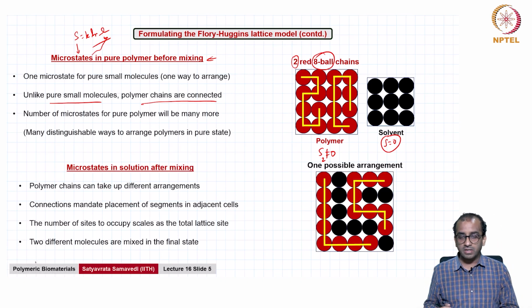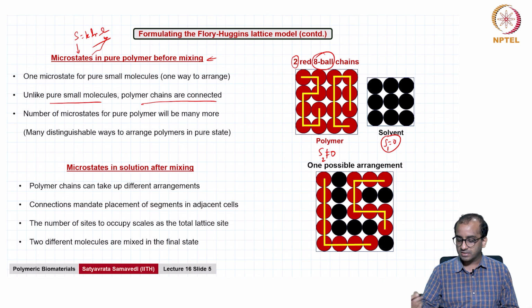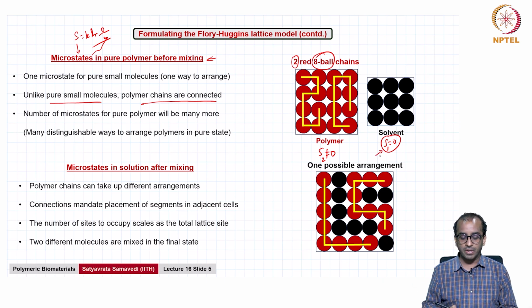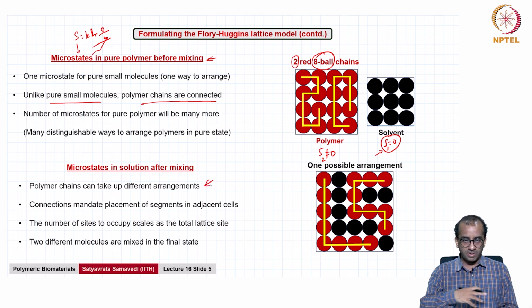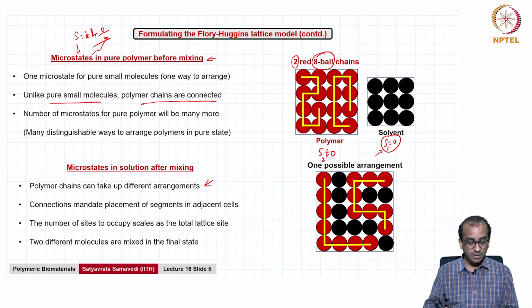Now, what is the scenario in the mixed state? So, this is simply S1. What is the scenario in the mixed state? Polymer chains, remember in the Flory-Huggins model, we take an empty lattice and start adding all the polymer chains, and the polymer chains can take up different arrangements.